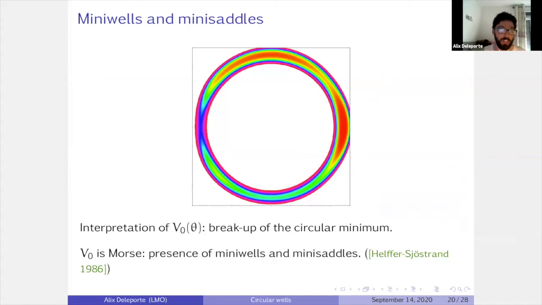If the function v naught is Morse and you have this kind of picture, then you have what we call mini wells at the points where v naught is the smallest, and mini saddles at the points where v is the largest. The terms mini wells and mini saddles are not new.